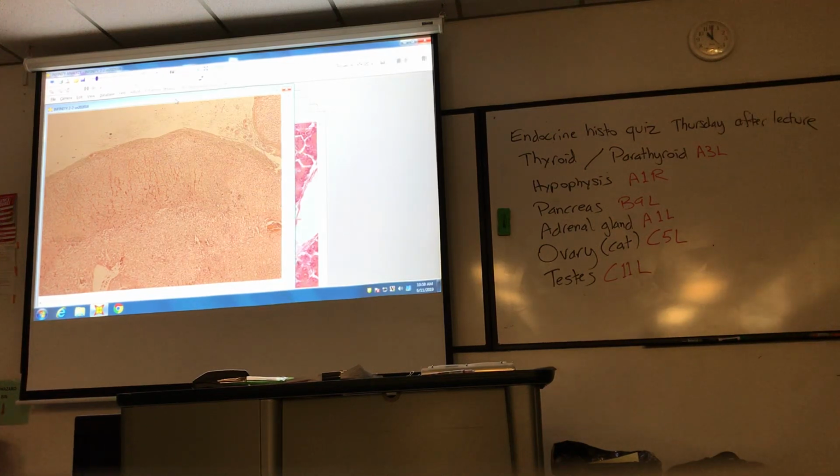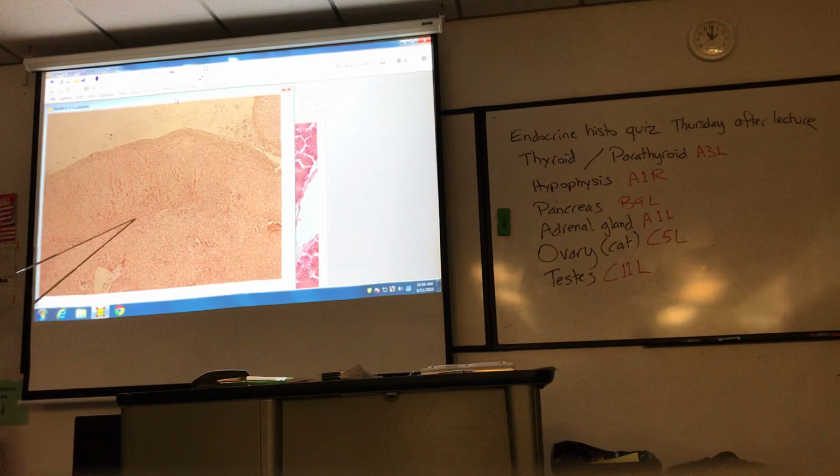To master this slide, train your eye to see the border between cortex and medulla. I'm going to give you a second to try to find that. Well, I guess first of all, you have to remember, what is cortex and medulla? Cortex, outer part, medulla, inner part. This is the inner part. Here's the border between the two.